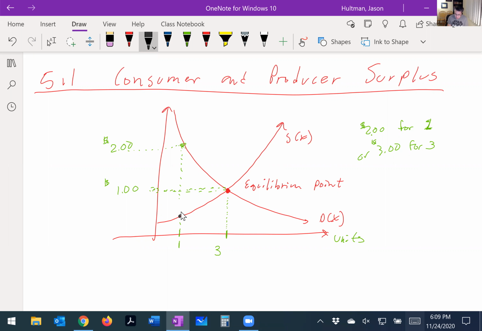This is what we call scarcity, when we have too much demand and too low supply. But there is an equilibrium point that comes out here for supply.